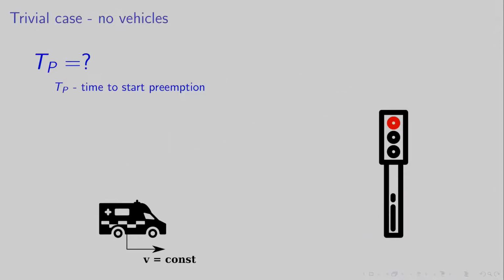To explain the algorithm in more detail, let's think about the trivial case when there are no vehicles and the traffic light signal is red. We ask, when to set the signal to green. Imagine there is an emergency vehicle arriving at constant speed to the intersection.